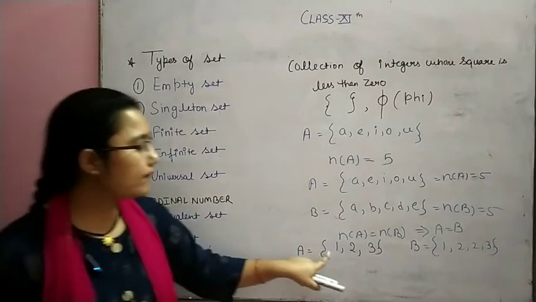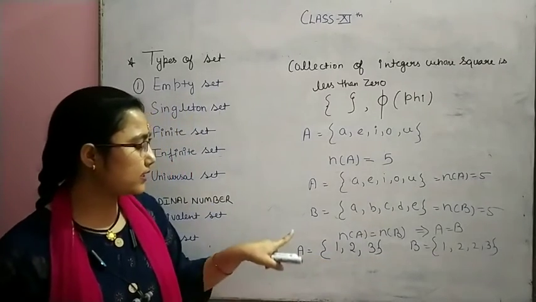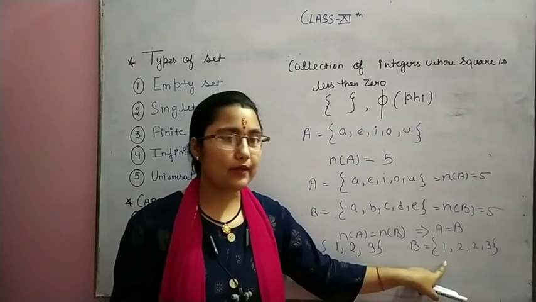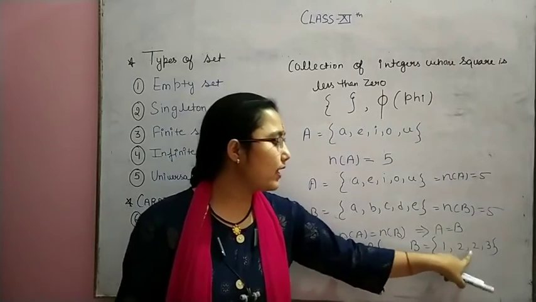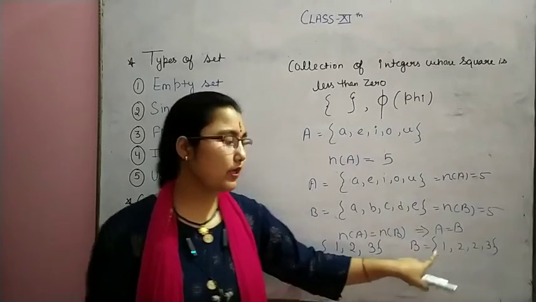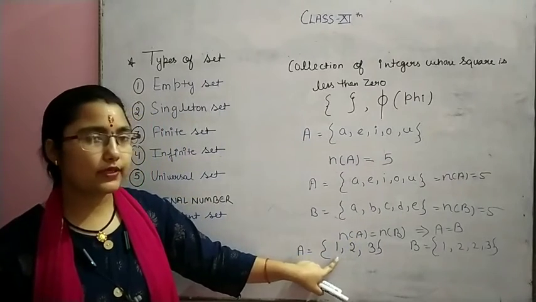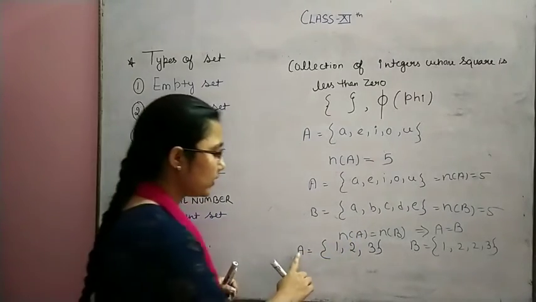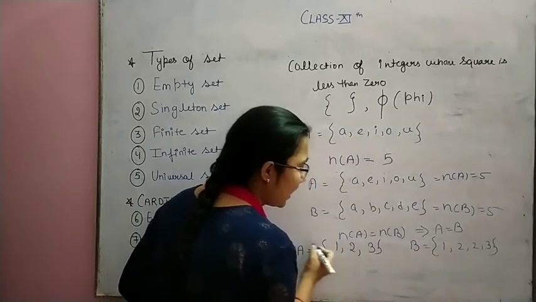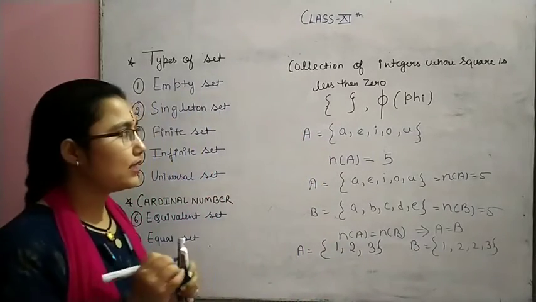Every element of set A is equal to an element of set B and every element of B is equal to an element of set A. So that means sets A and B are equal.